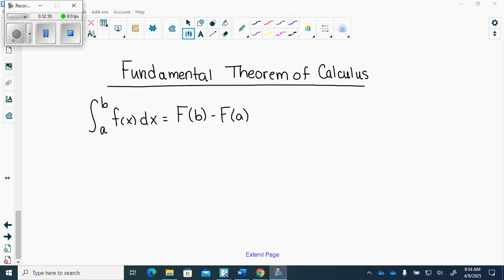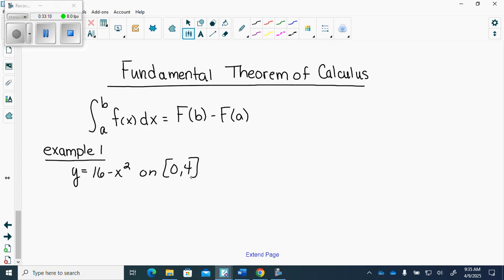Okay? So we're going to pull the example from what we did before. So I think mine's still on the calculator. 16 minus x squared? Yeah. So y equals 16 minus x squared on 0 to 4.